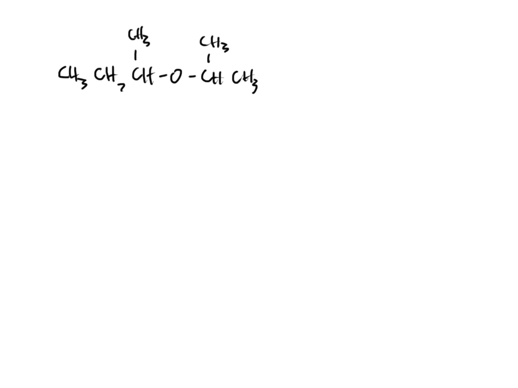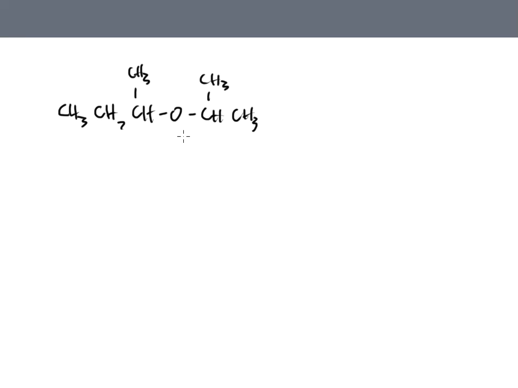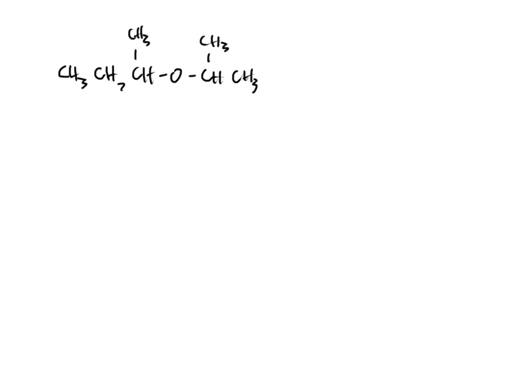So this molecule goes into the mass spectrometer, and the molecule gets hit with the electron beam, and away an electron goes. This ether has an option to cleave. Because it's not symmetrical, it can determine in route number 1 to cleave on this side.